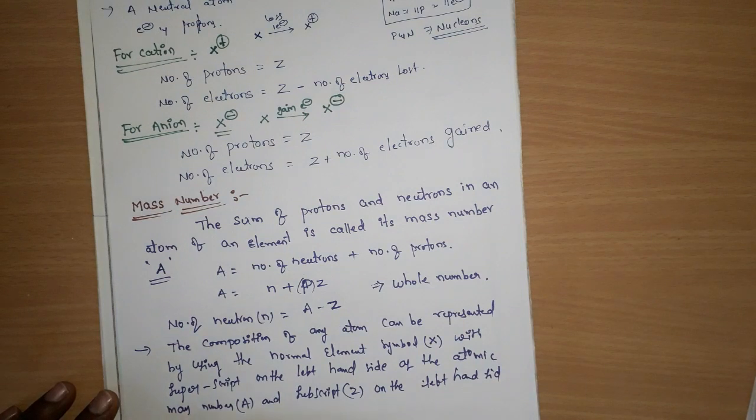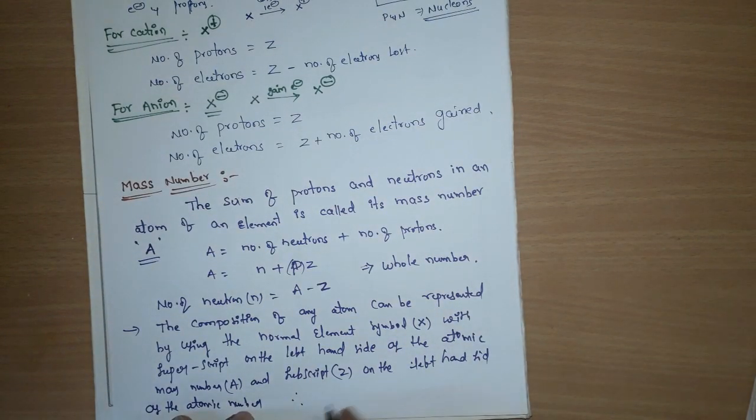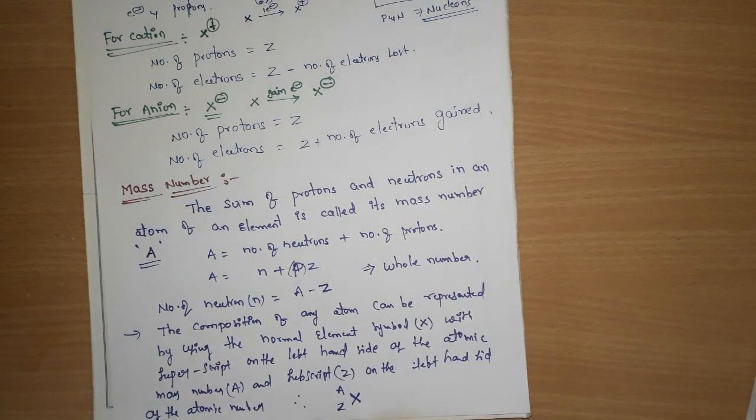So here the symbol of the element is indicated by X, and the atomic mass number is represented as a superscript on the left hand side, that is A. Next, the atomic number Z is written on the left hand side as a subscript. This is the indication of an atom.